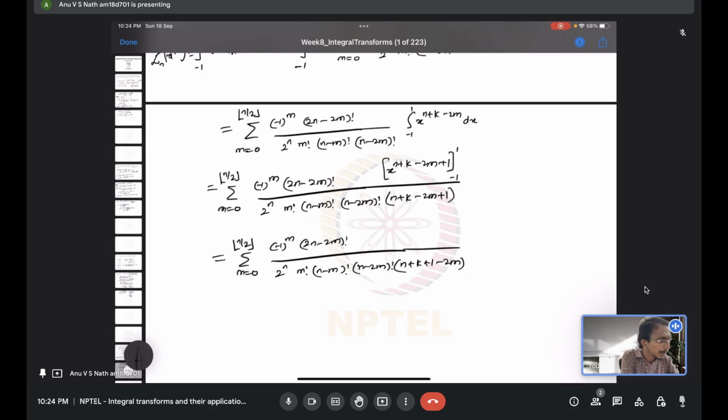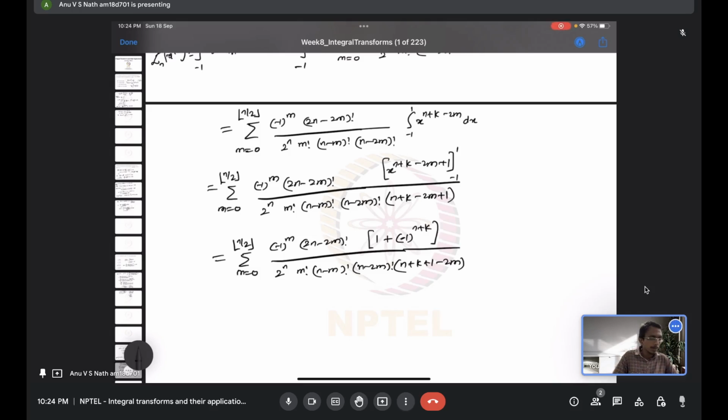In the numerator it is just 1 minus the value of that quantity x raised to n plus k minus 2m plus 1 evaluated at x equal to minus 1. And we know that minus 2m plus 1 will always give minus 1. That minus 1 will join with this minus 1 and become plus 1. Then the remaining factor we don't know, which is what minus 1 will become when it is raised to n plus k. That depends on n and k.